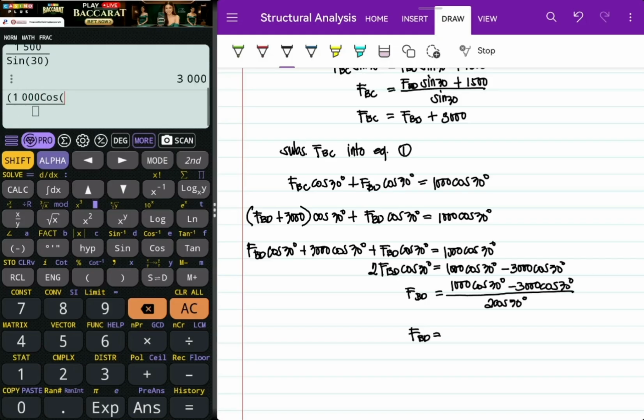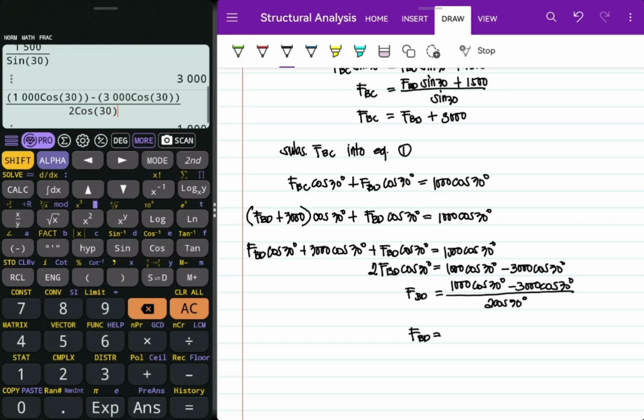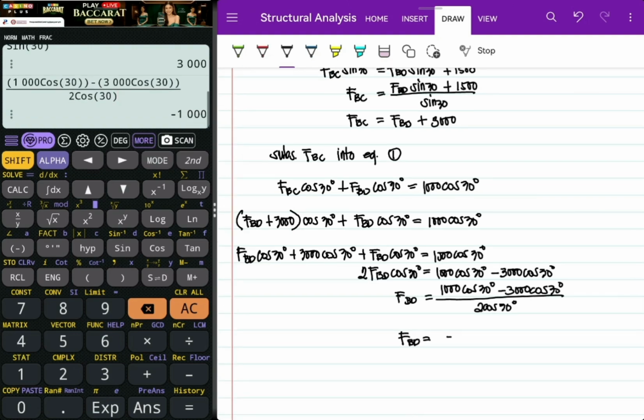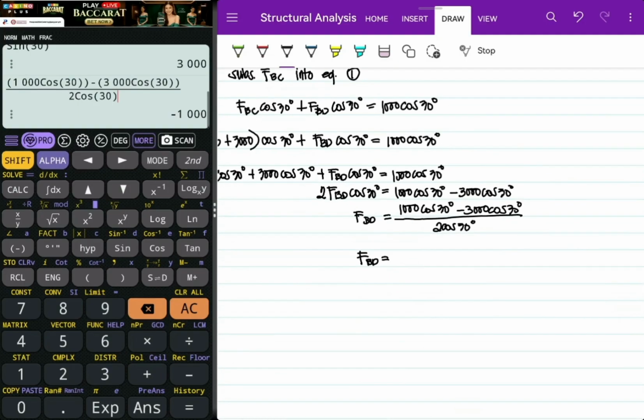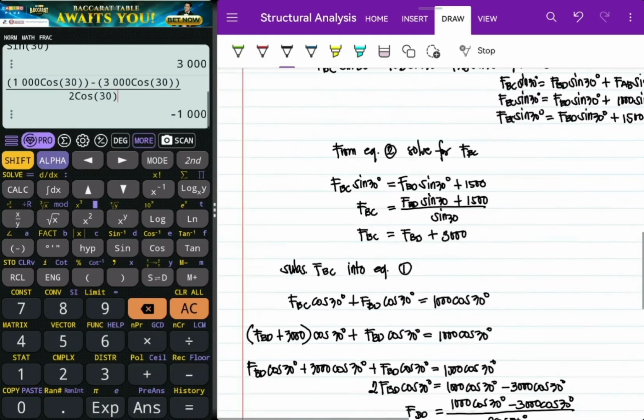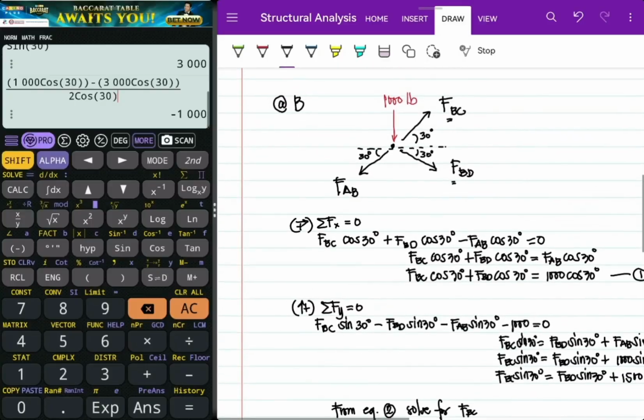FBD is negative 1000 pounds. The negative value here denotes that FBD is wrongly assumed.